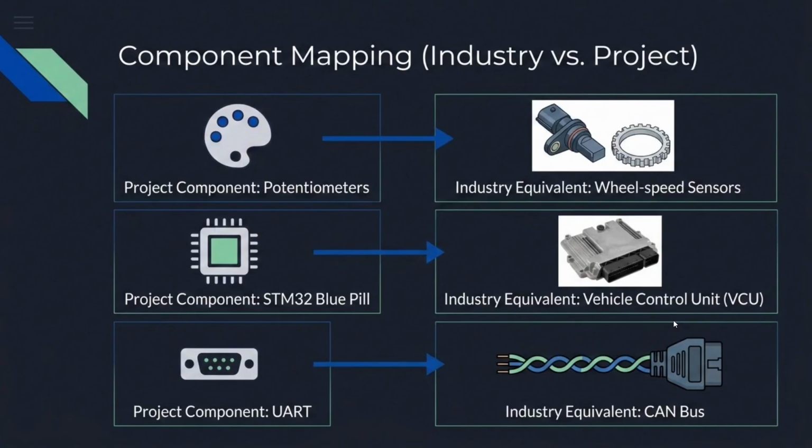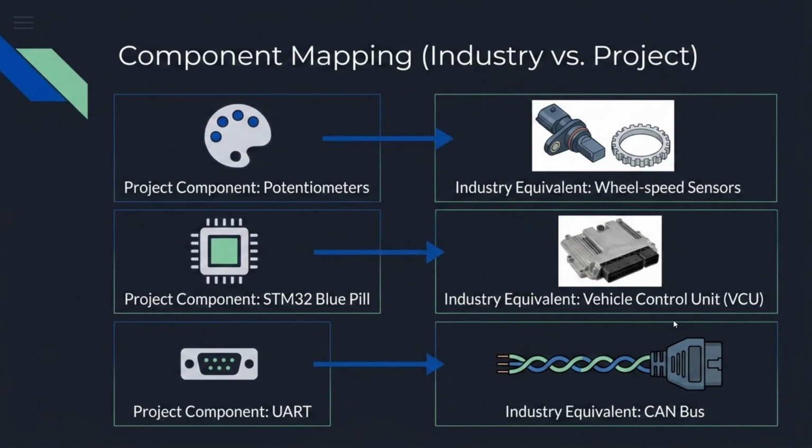So, since building an actual electric vehicle is not practical, this project uses equivalent components that simulate real automotive hardware. Potentiometers are used instead of wheel speed sensors. By rotating the potentiometer, or in our case, using the sliders, we can simulate changes in speed or throttle position.